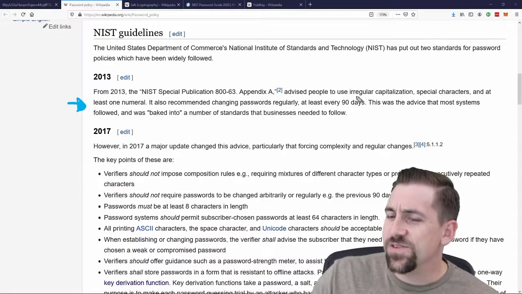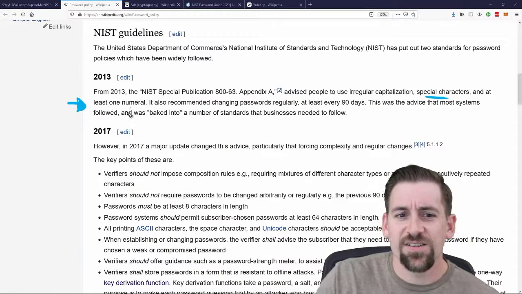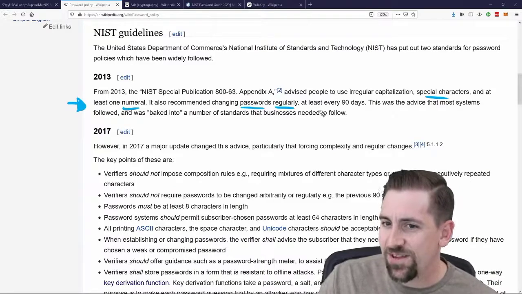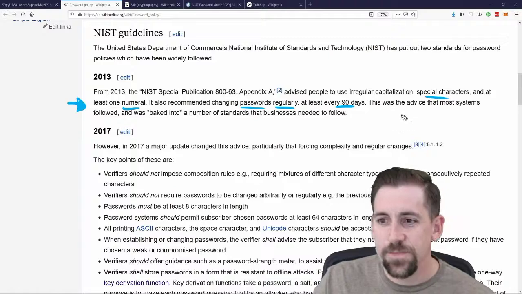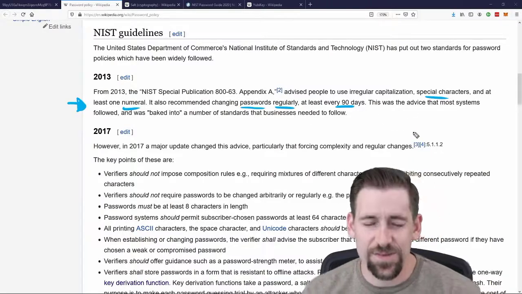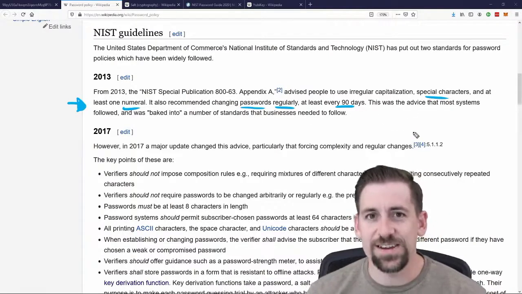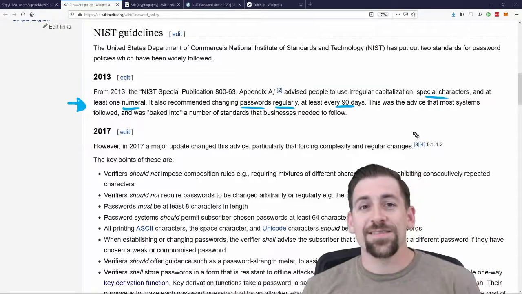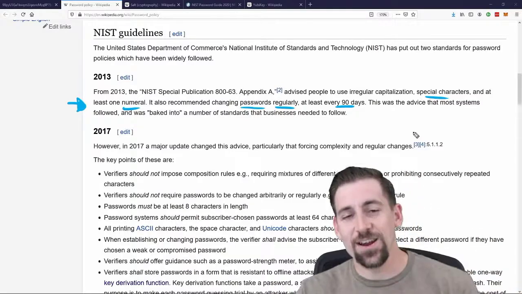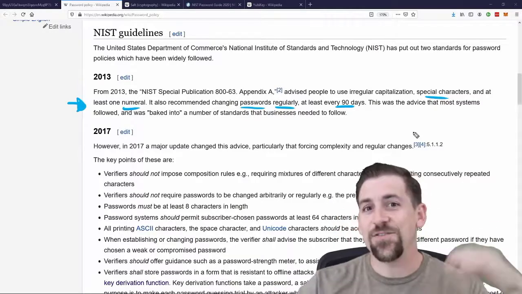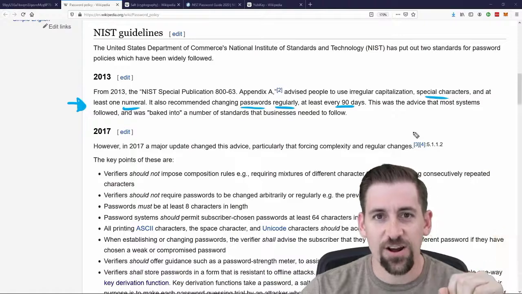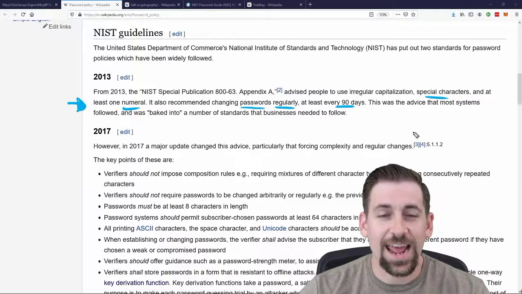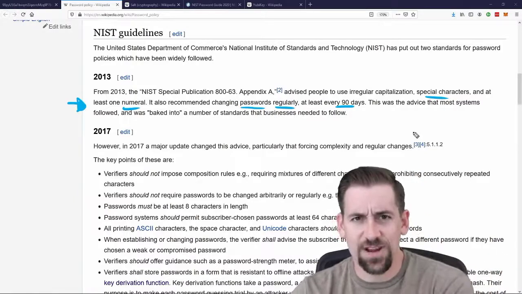People were advised to use irregular capitalization, special characters, at least one number, and it was recommended that you change the password regularly, every 90 days or so. This is the advice that most of your system administrators used. It was baked into a lot of different software interfaces. If we think about this, and you may know this if you've been in the enterprise, if you haven't, I'll point this out to you: you had to use a ton of special characters, no common words, and you had to change that password every 3 months.